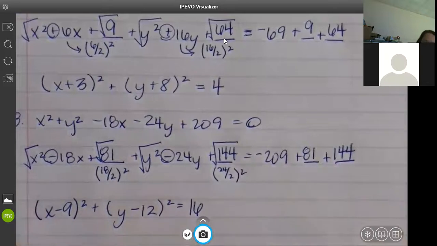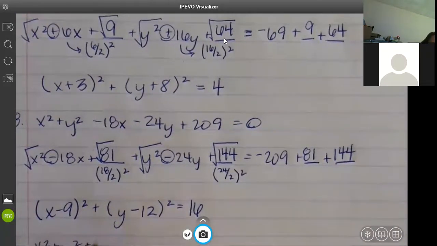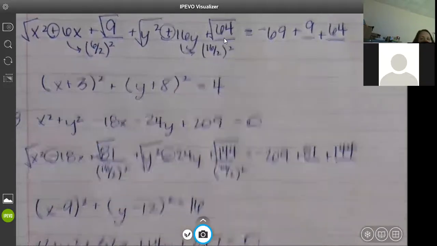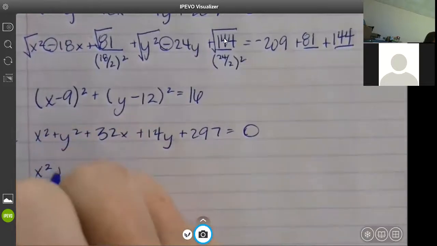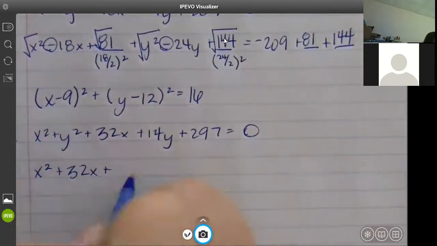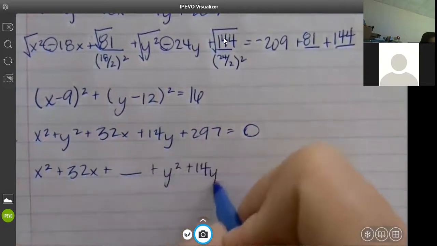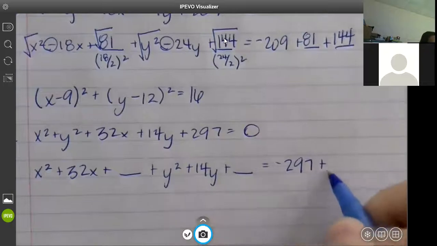All right. Number 9. X squared plus y squared plus 32x plus 14y plus 297 equals 0. Get your x's together. X squared plus 32x plus blank. Get your y's together. Plus y squared plus 14y plus blank equals negative 297.